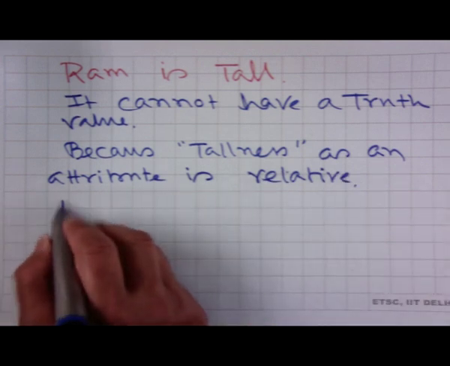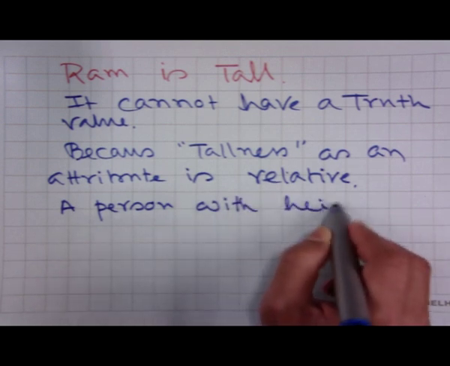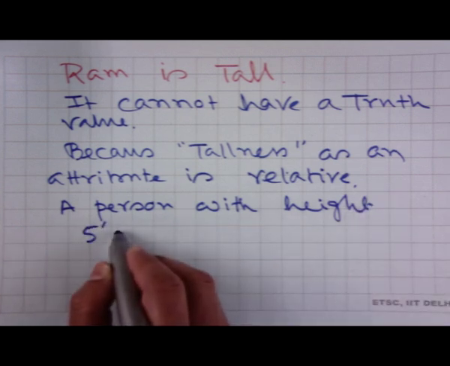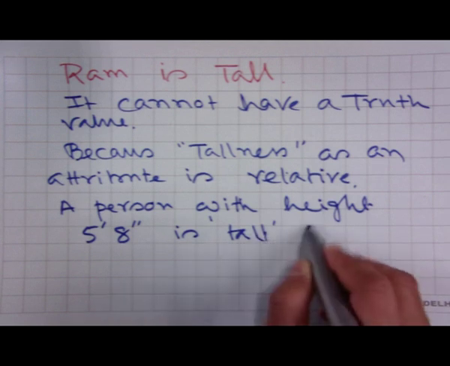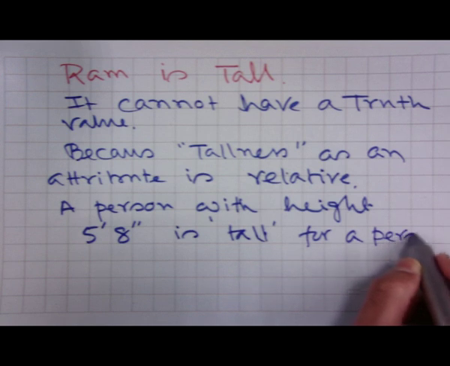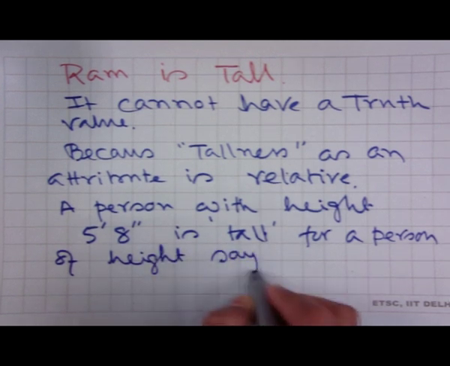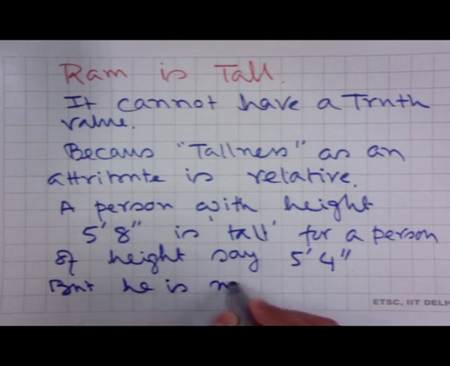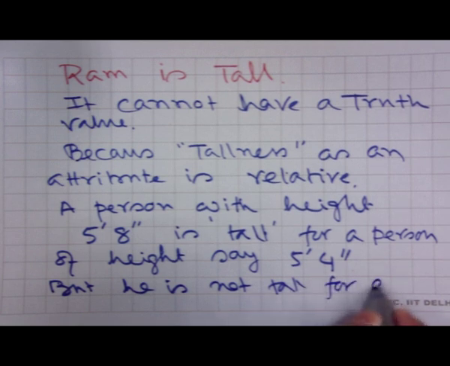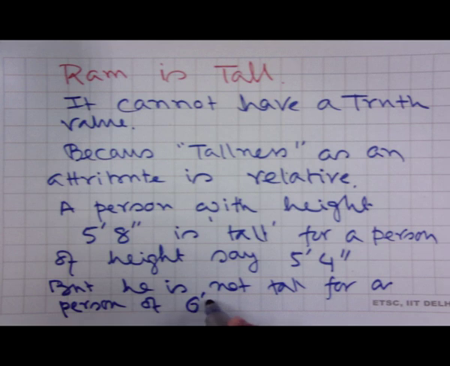A person with height 5 feet 8 inches is tall for a person of height say 5 feet 4 inches, but he is not tall for a person of 6 foot 1 inch height.